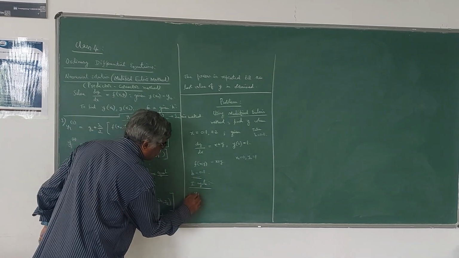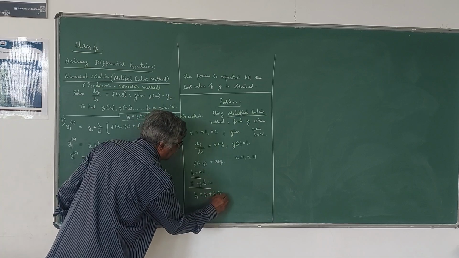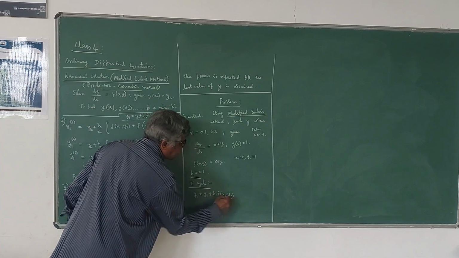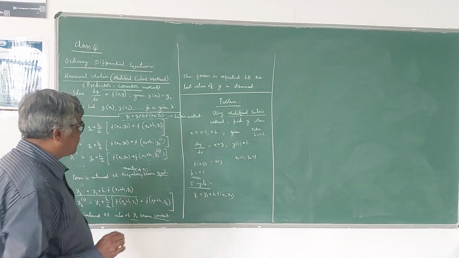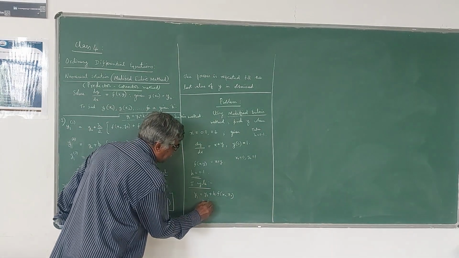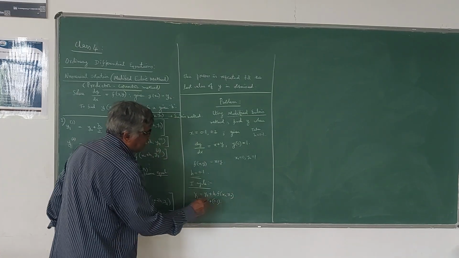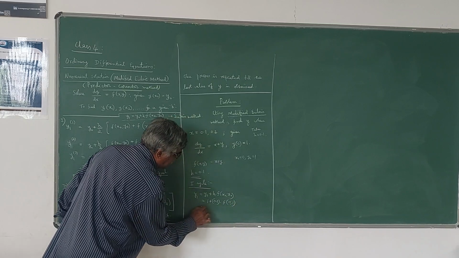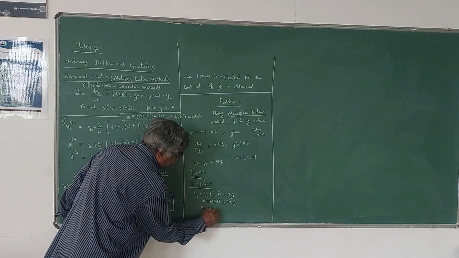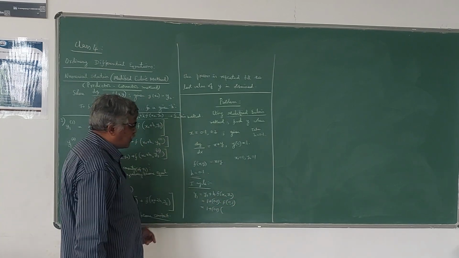So y1 is equal to y0 plus h into f of x0 comma y0. This is your regular Euler's equation. Now let us substitute. So y0 is 1 here plus h is 0.1 into f of x0 comma y0, that means f of 0 comma 1.